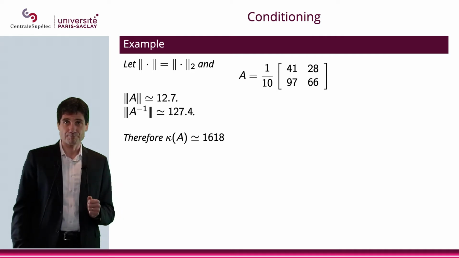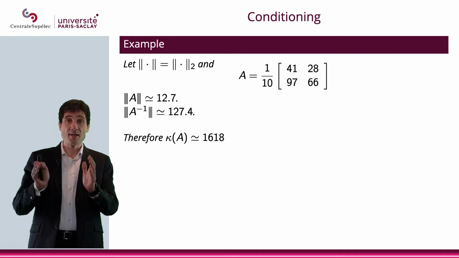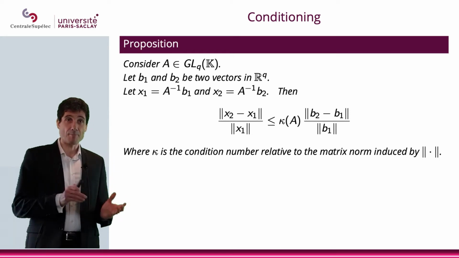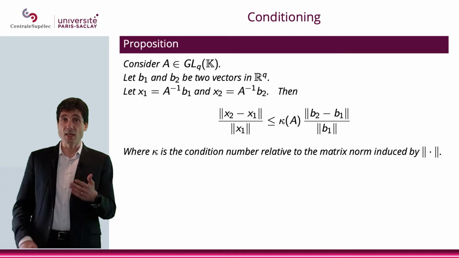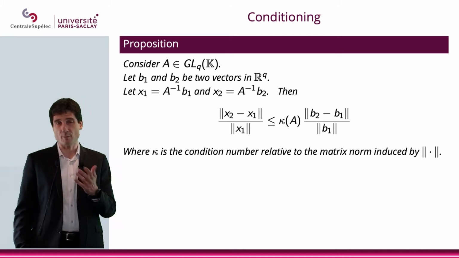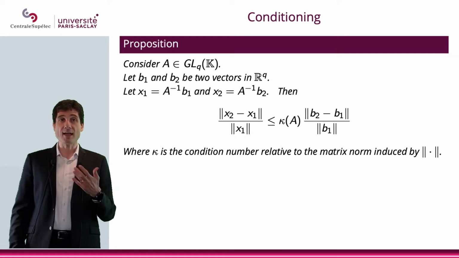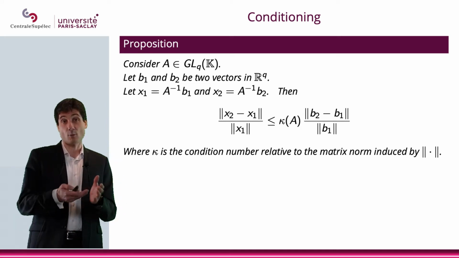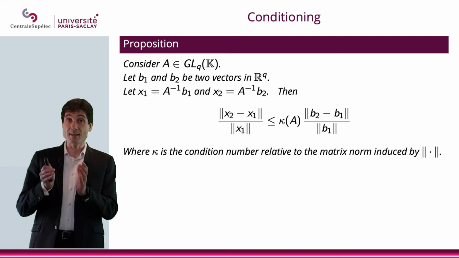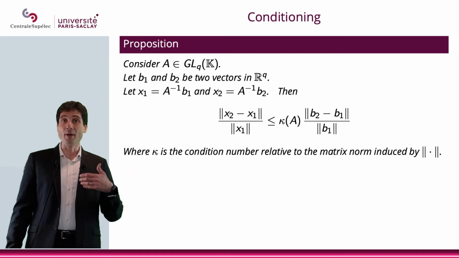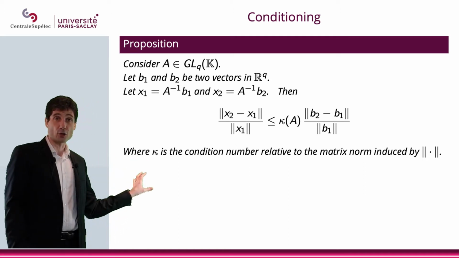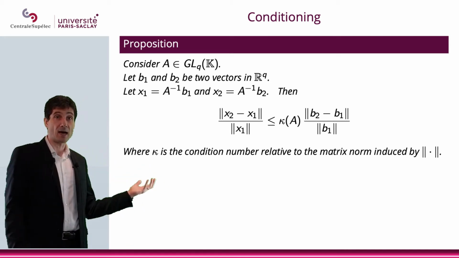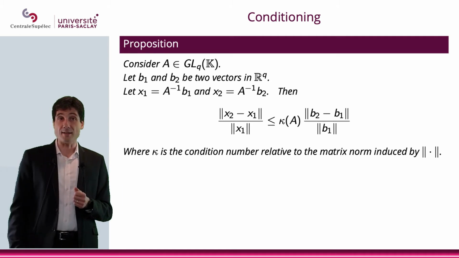So what I'm saying is that the condition number will be 1618 roughly. Okay. Now here is a proposition. If I take a matrix A which is not singular, and I take b1 and b2, two vectors in R^q, not equal to 0, and x1 and x2 the solutions to the system Ax equals b, then the relative error on the solution will be bounded by the condition number multiplied by the relative error on the right-hand side.